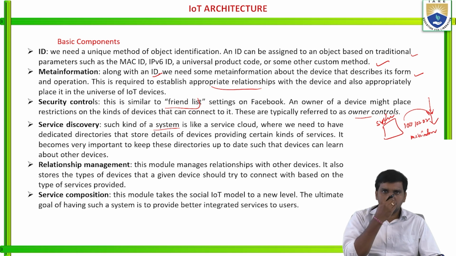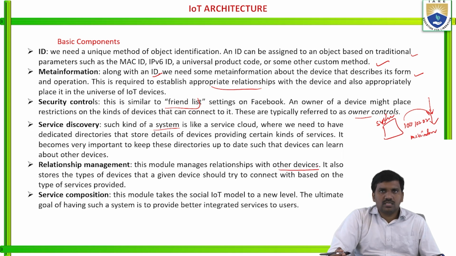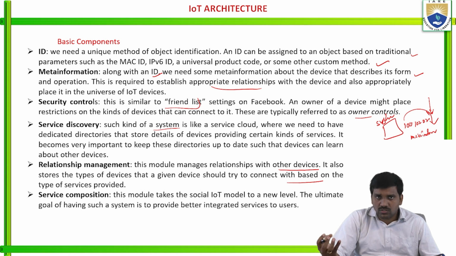So this is about service discovery and relationship management. In relationship management, with the help of other devices, it also stores the types of devices that a given device can try to connect with, based on the types of services provided.